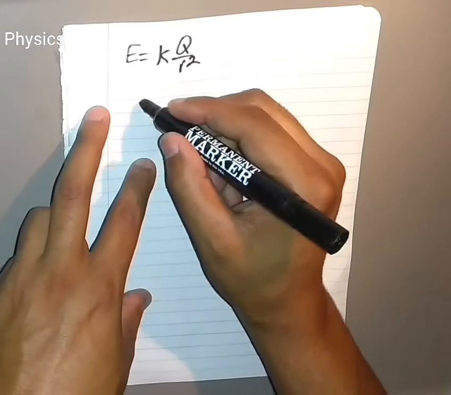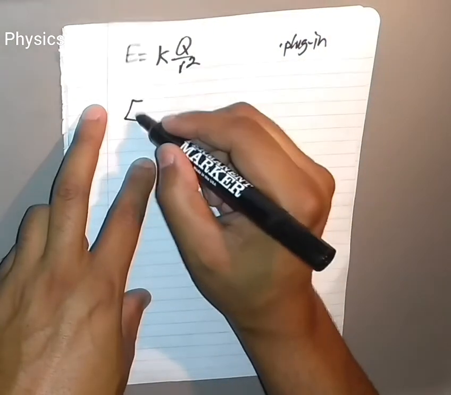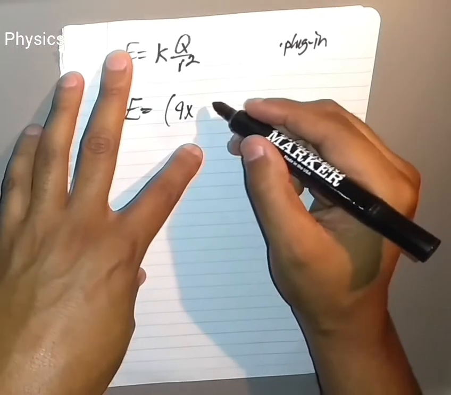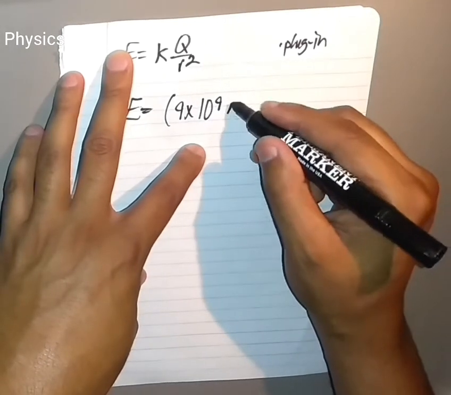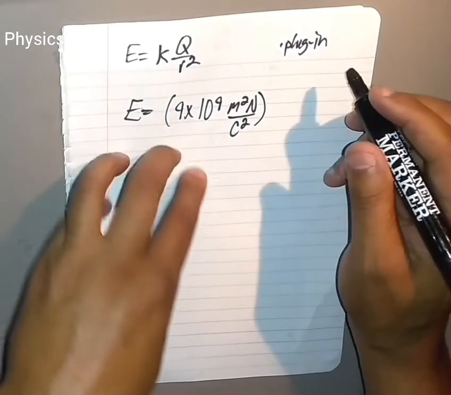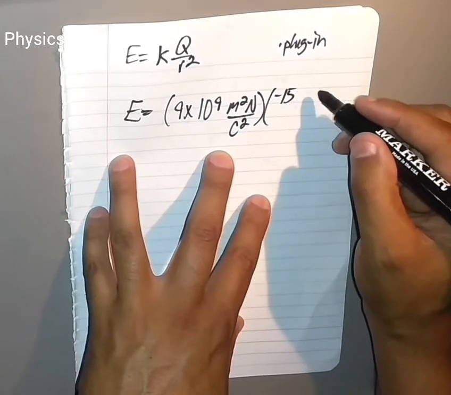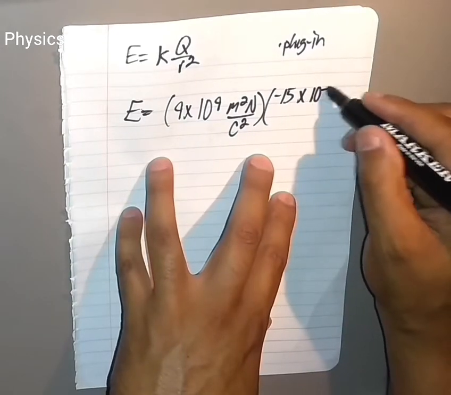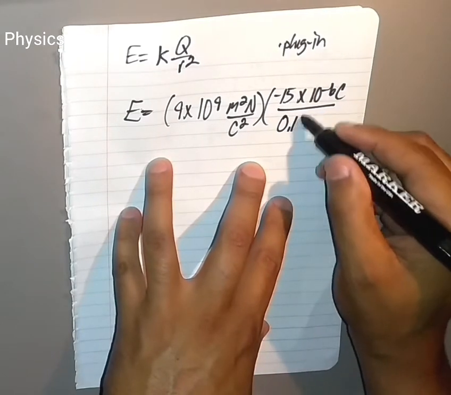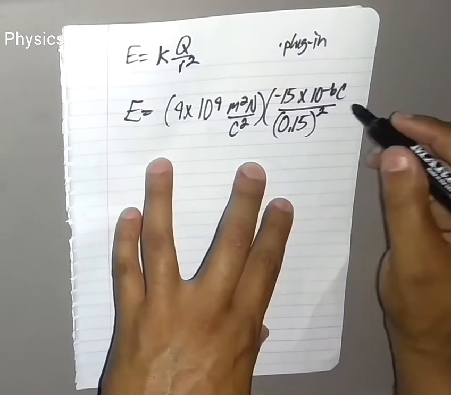So we're going to plug in: E equals K, which is 9 times 10 to the 9 meters squared newtons over Coulomb squared, multiplied by that negative 15 times 10 to the negative 6 coulombs over 0.15, which we just calculated, which is the distance, squared.